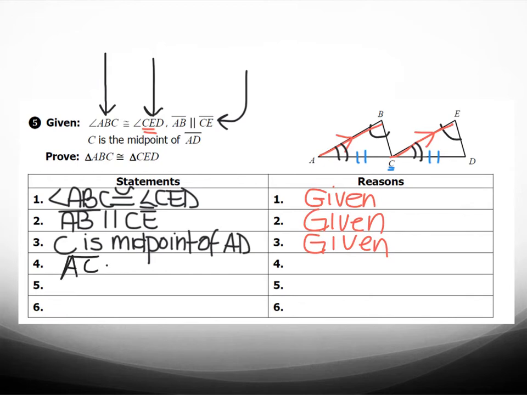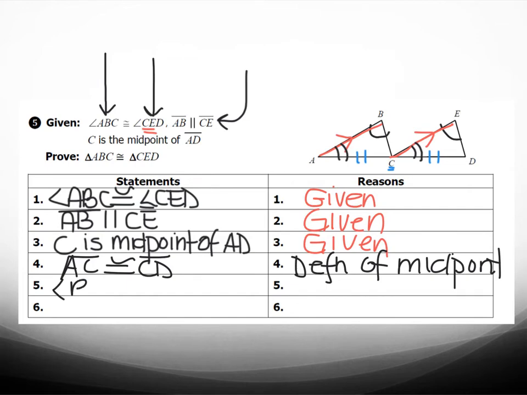And what was the reason that AC is congruent to CD? Got it. Definition of midpoint. The next thing we need to do is we need to see why angle BAC is congruent to angle ECD.